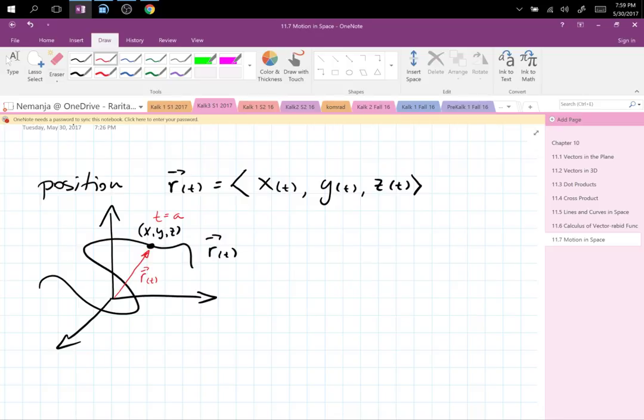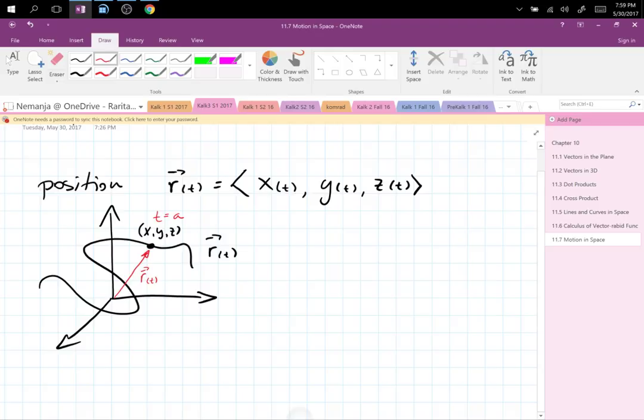So the point in space and the vector have the same numbers, right? A point has parentheses, a vector has the spiky brackets. The vector points towards the point; the point is at the terminal point of the vector. So we understand the position.